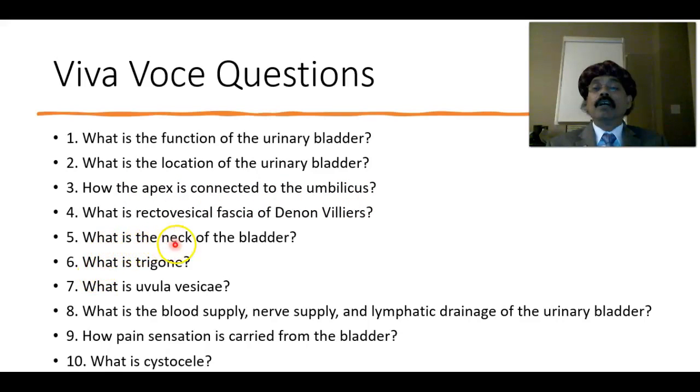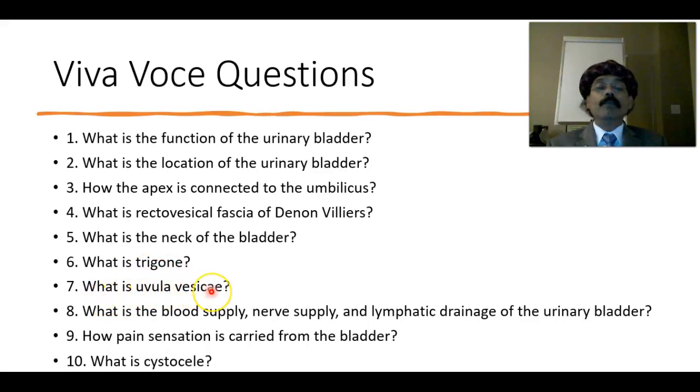What is the neck of the bladder? The lower part of the bladder, the most dependent part, is the neck of the bladder. It contains the internal urethral sphincter and the internal urethral orifice. What is the trigone? That is present inside the urinary bladder, a triangular area bounded by two ureters and the internal urethral meatus.